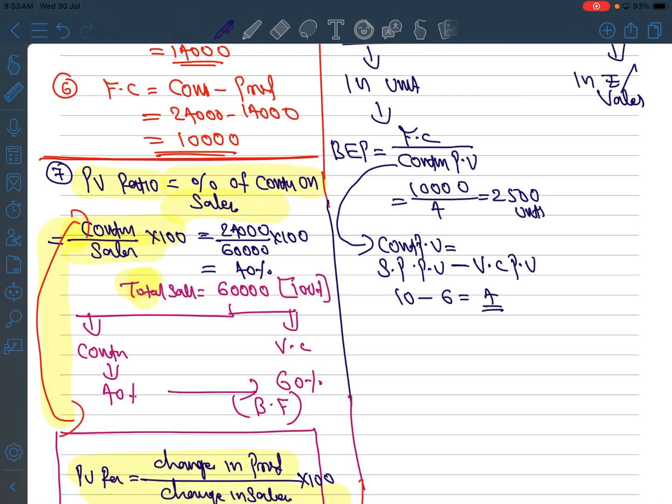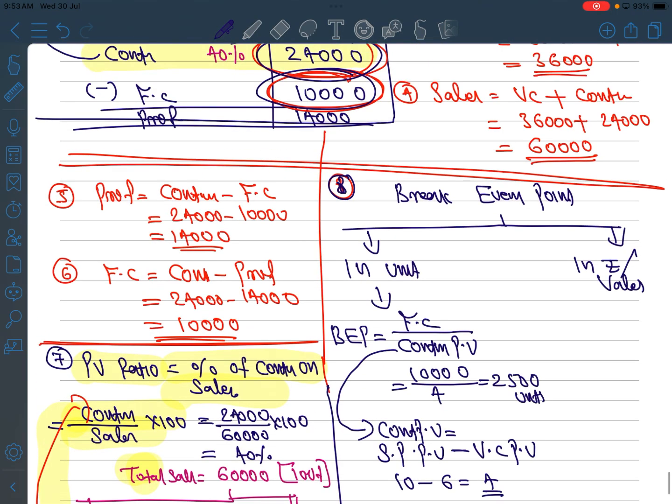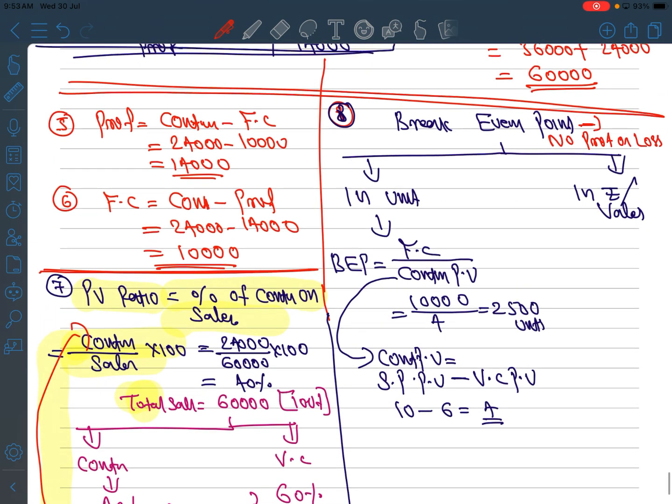What is meant by break-even point? We can write it as no profit or loss at this point. When you are going to start a manufacturing concern of pens, you would like to know at what unit you will get profit.